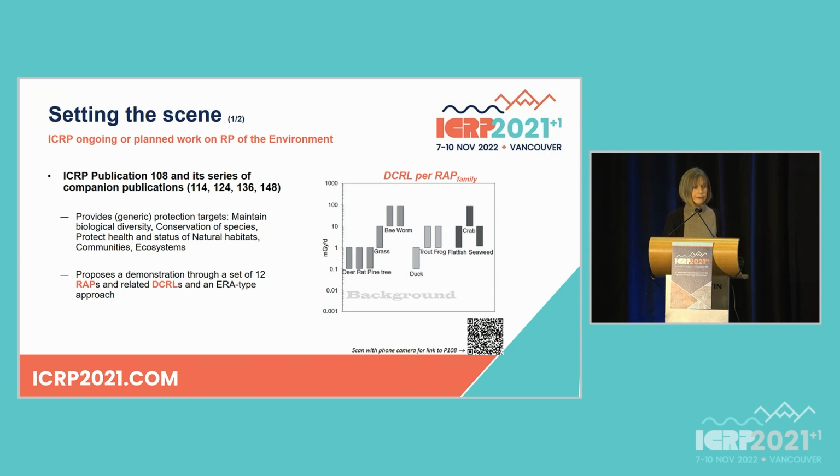You certainly know that ICRP has established a graded approach to demonstrate the protection of the environment in its Publication 108 and a series of more technical documents that are listed there.